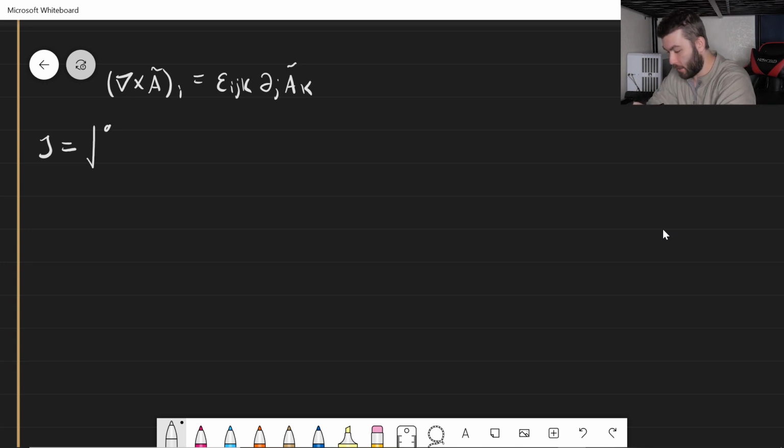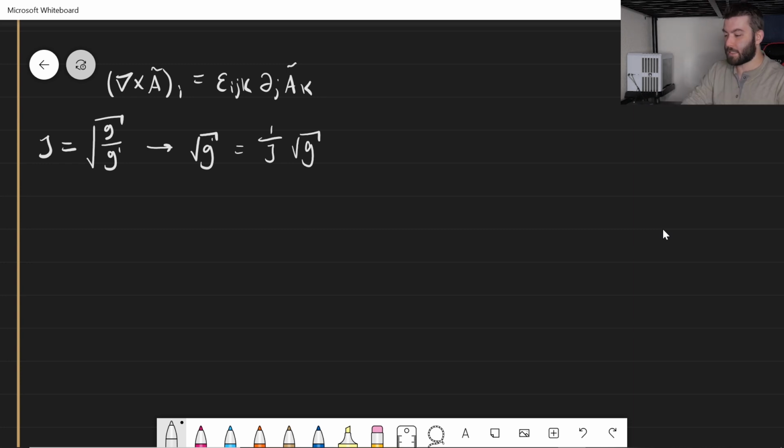So the determinant in one coordinate system divided by the determinant in another. So let's put a prime here. And if we solve for root g prime, we get that root g prime is equal to 1 over the Jacobian times root g. What this tells us is that the determinant of the metric, or the square root of it to be specific, is not a scalar necessarily.